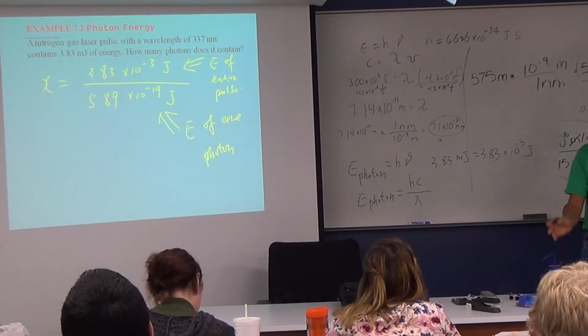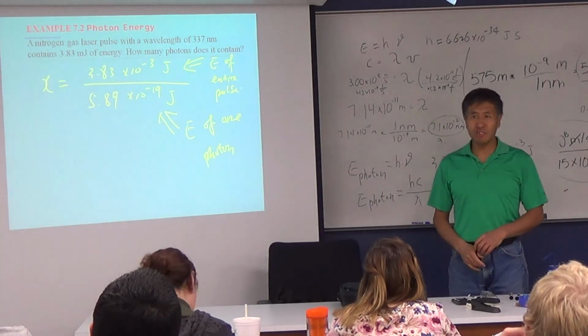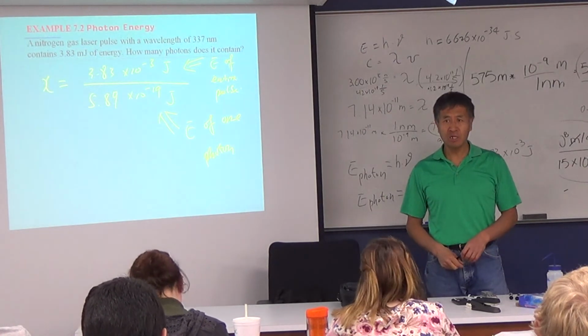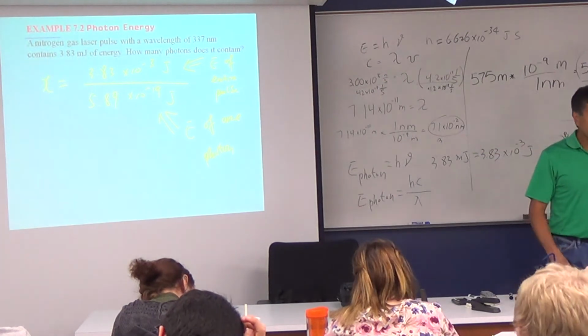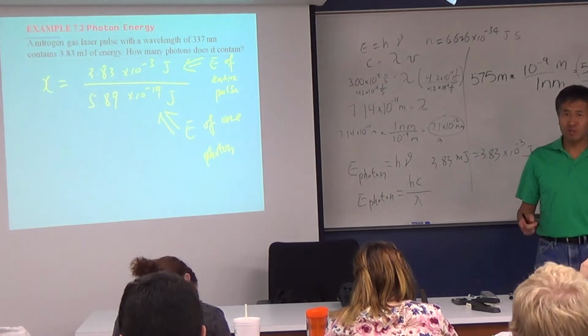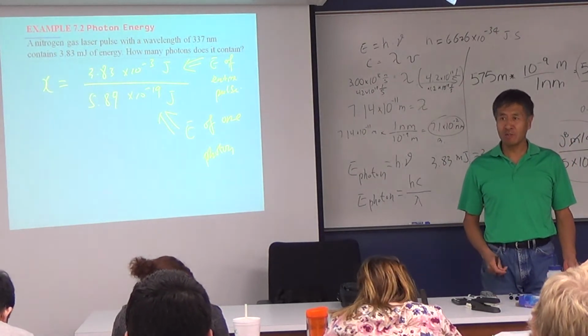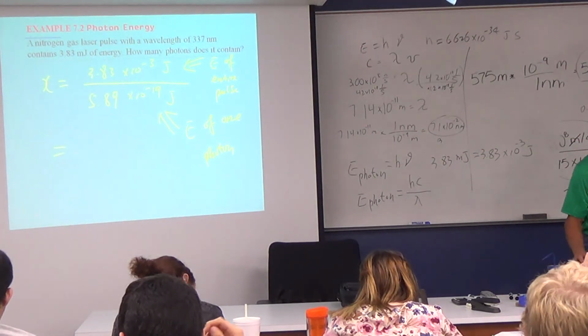In that entire pulse, we have some number of photons in it. To find out the number, we make an assumption: all the photons have the same energy. That is reasonable because they have the same wavelength. So what do you get?